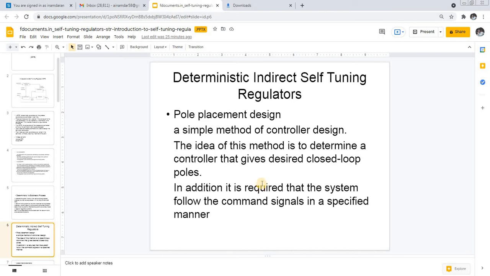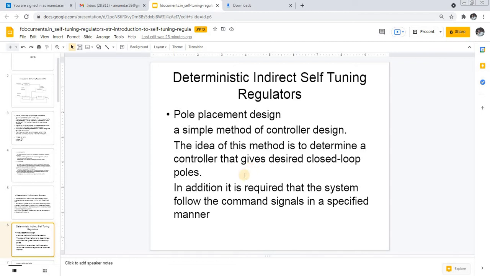Parameter estimation in case of STR can be done in many different ways. There is also a large variety of techniques that can be used for control system design. As I said in the last lecture, it is also possible to consider non-linear models and non-linear design techniques.